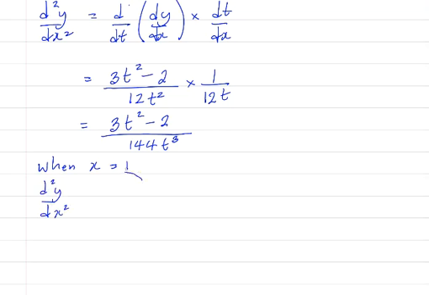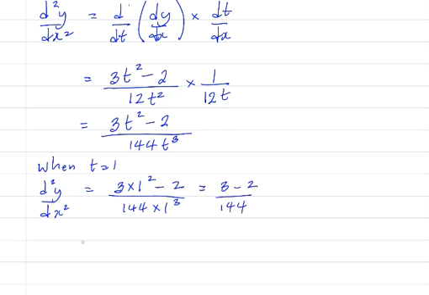When t is equal to 1, d2y by dx squared would be equal to 3 times 1 squared minus 2 all over 144 times 1 cubed. So this would be equal to 3 minus 2 over 144. The final answer is 1 over 144.